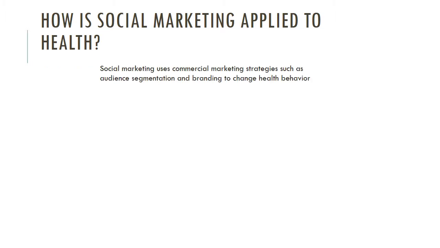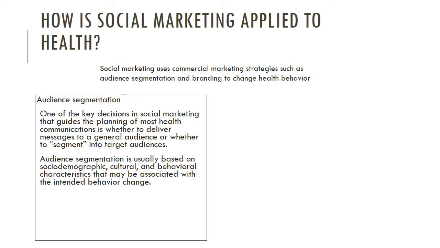Social marketing uses commercial marketing strategies such as audience segmentation and branding to change health behavior. One of the key decisions in social marketing that guides the planning of most health communications is whether to deliver messages to a general audience or whether to segment into target audiences.